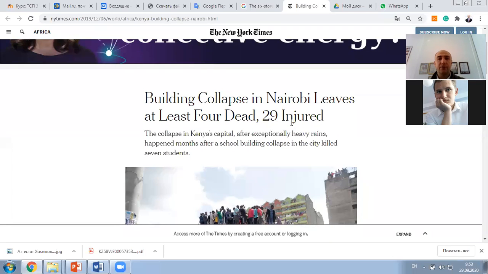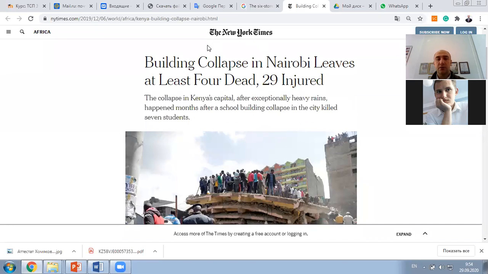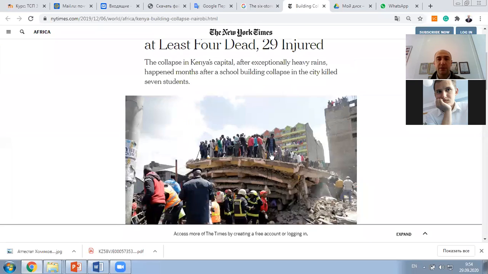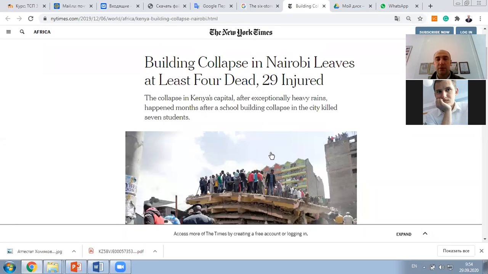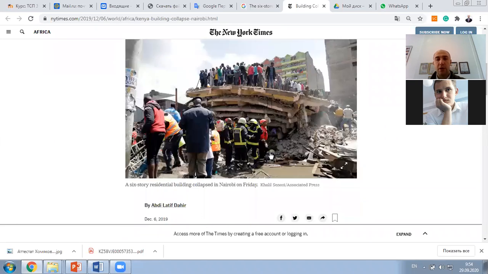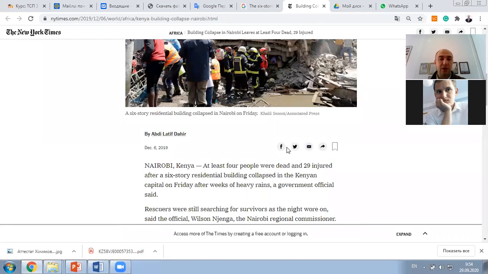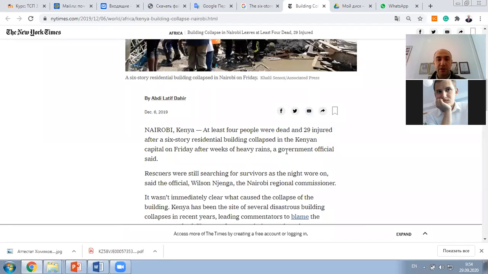So here you can find some information about this building. When the concrete building collapsed due to climate, actually the first aim was the climate actions. So there were heavy rains. Here you can read some information about it.